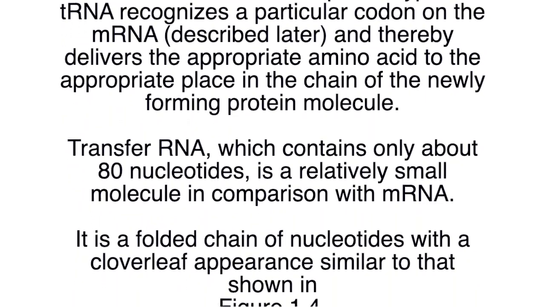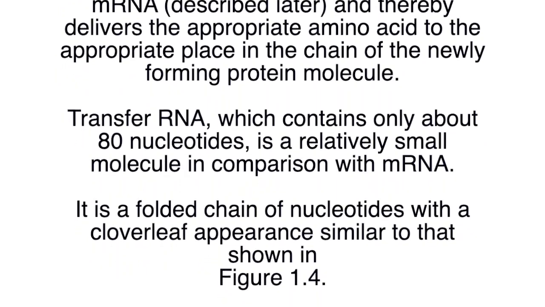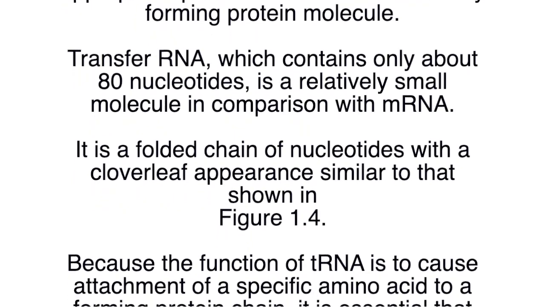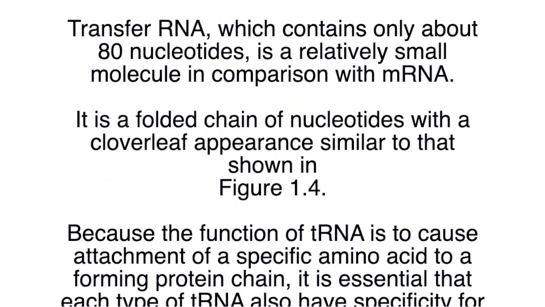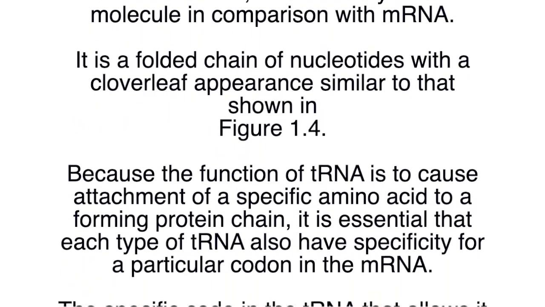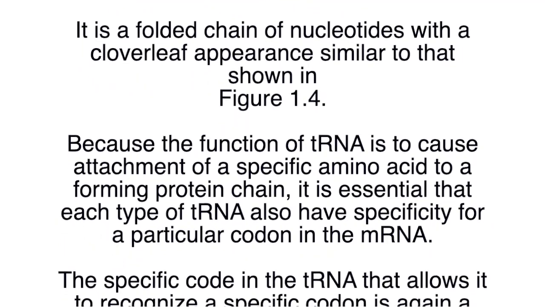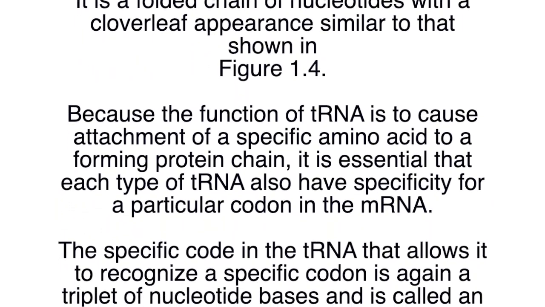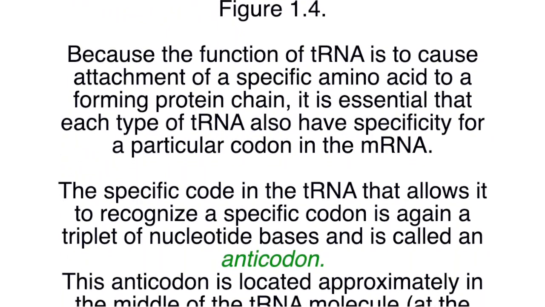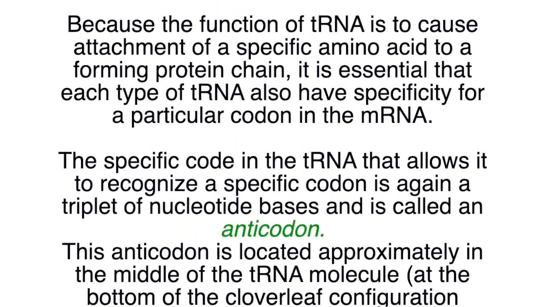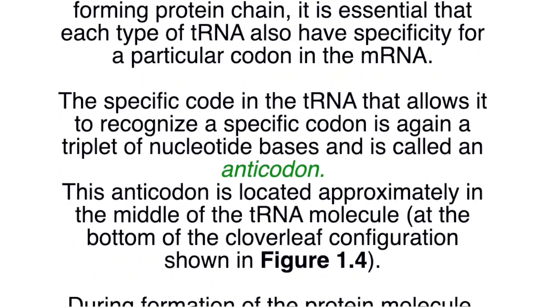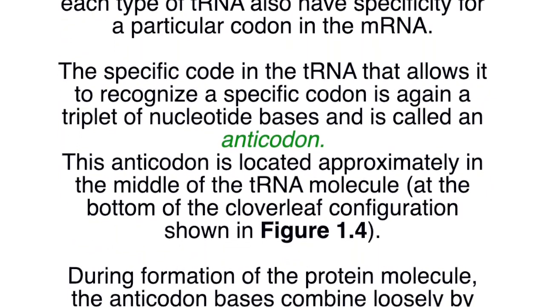Transfer RNA, which contains only about 80 nucleotides, is a relatively small molecule in comparison with mRNA. It is a folded chain of nucleotides with a clover leaf appearance, similar to that shown in figure 1.4. Because the function of tRNA is to cause attachment of a specific amino acid to a forming protein chain, it is essential that each type of tRNA also have specificity for a particular codon in the mRNA.